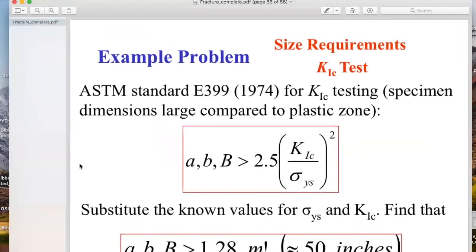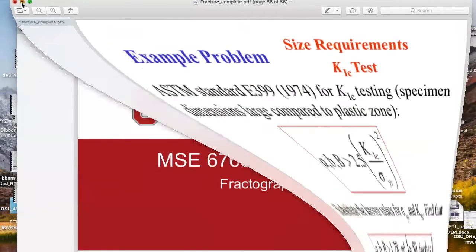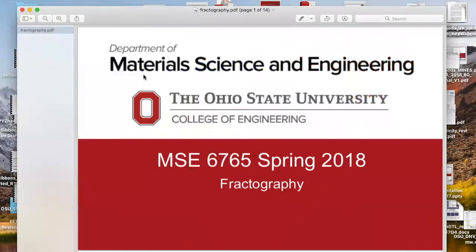Okay. So that was sort of fundamental fracture theory.